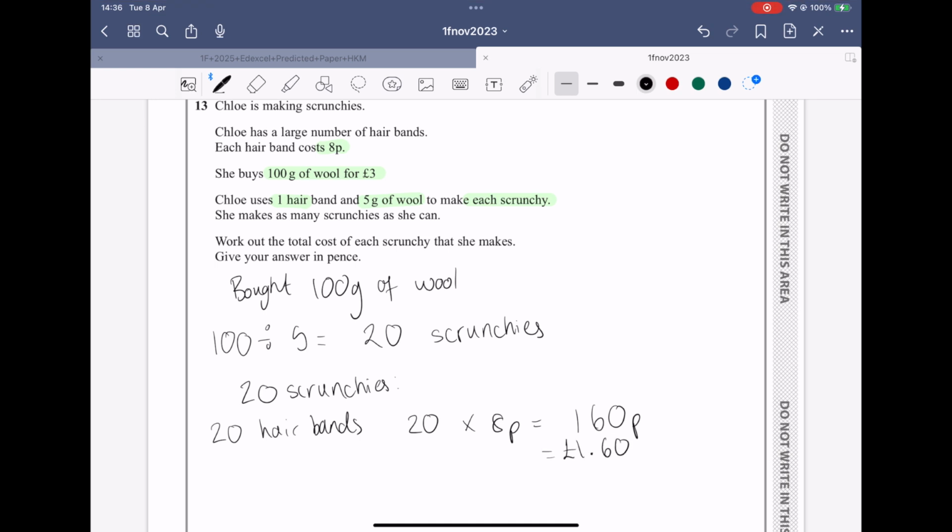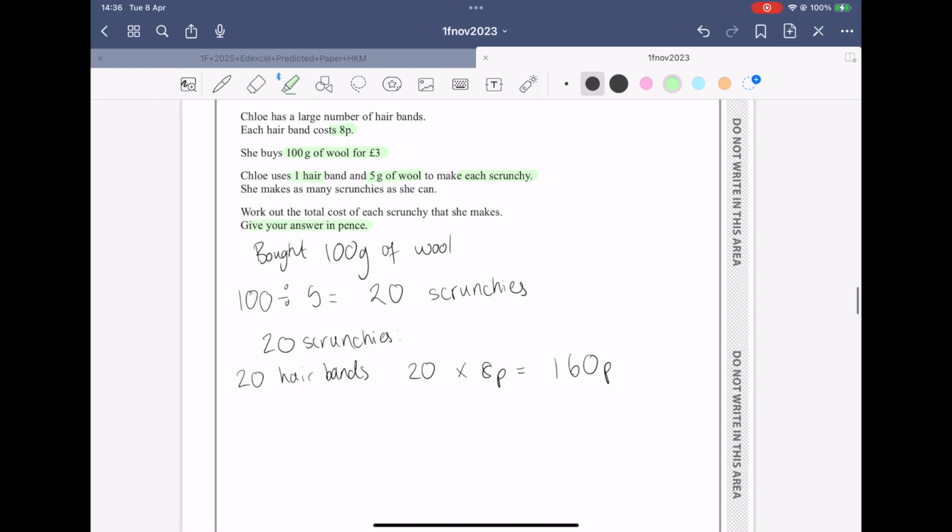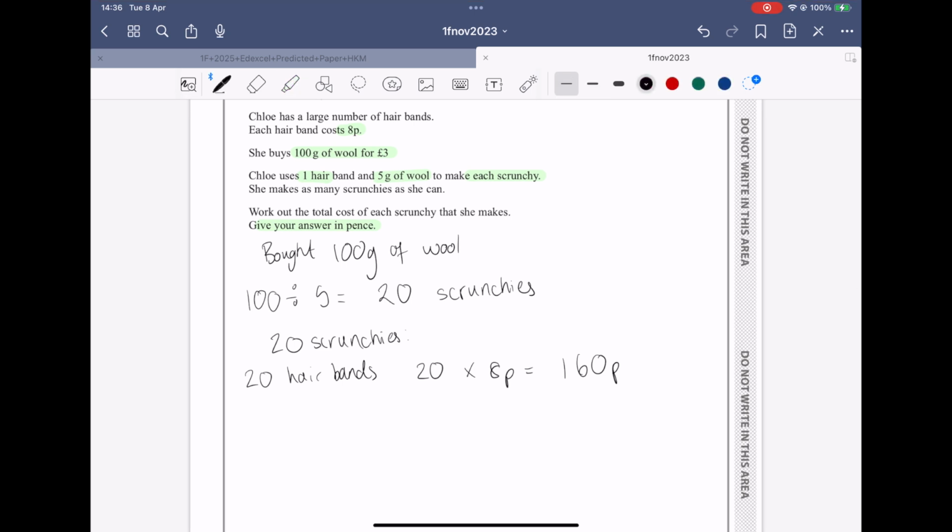Although I want it in pence actually, so I'm going to undo that. Apologies, I've spotted that it actually says give it in pence. So why am I changing to pounds? Okay, 160p. That's the hairband costs. And then she's bought some wool for £3, which is 300 pence.